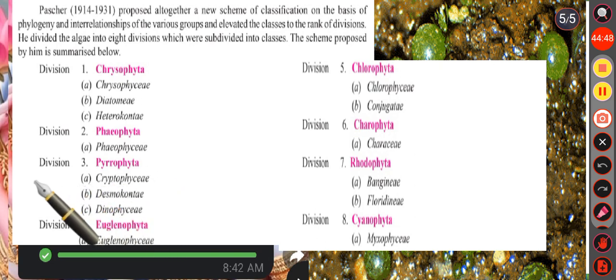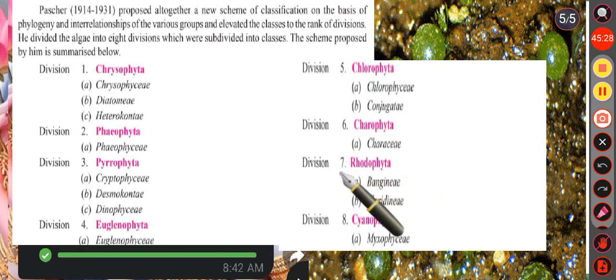Then division 4, that is Euglenophyta. Euglenophyta subdivided into one class, that is Euglenophyceae. Then division 5, that is Chlorophyta. The Chlorophyta again subdivided into two classes, that is Chlorophyceae and Conjugatae. Then the division number 6, that is Charophyta, and Charophyta subdivided into one class, that is Charophyceae.